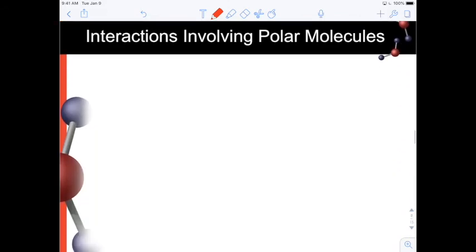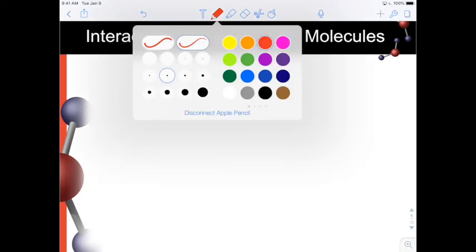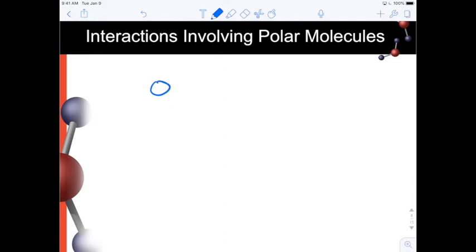So if we look now at interactions involving polar molecules, let's take something very simple. Let's take water, for instance. So let's take a water molecule here, as we did before, and another one over here.